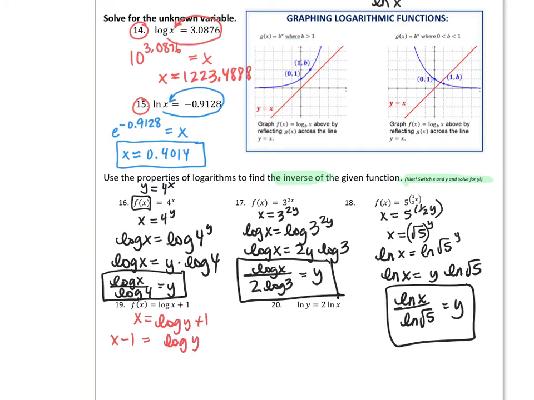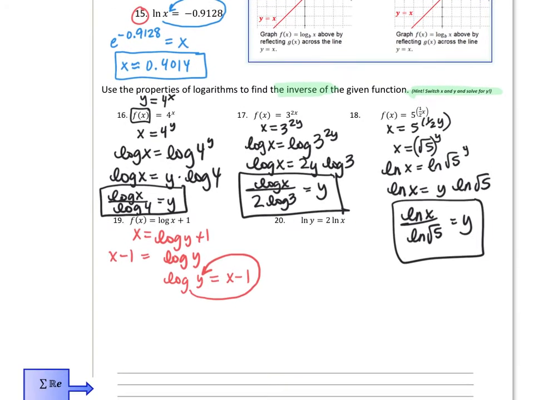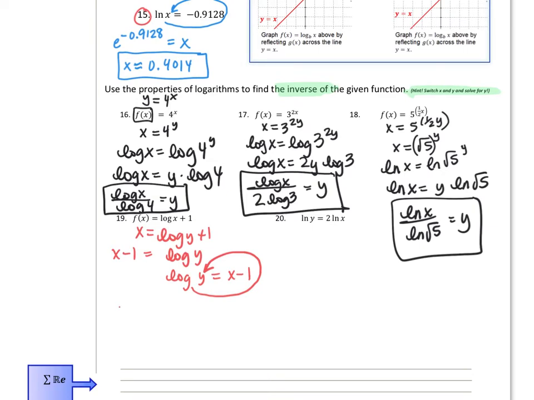And that kind of looks weird. So I'm going to write it, because I like to draw my little arrows, instead of having the x minus 1 on the left, I'm going to put it on the right. Because remember, this means a base 10 to this power is equal to that, if I write it in exponential notation. So this means 10 to the x minus 1 power is equal to y, and bam, we have our answer.